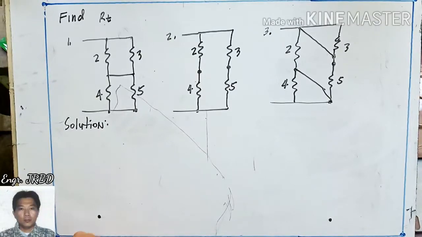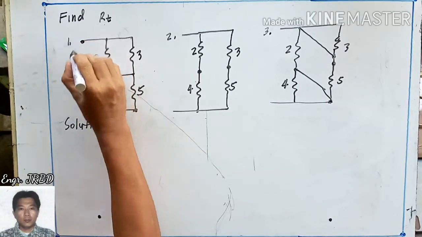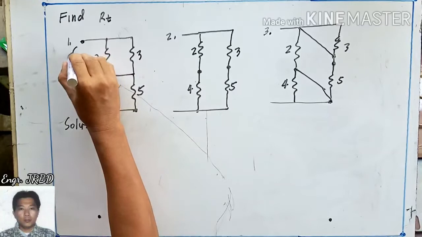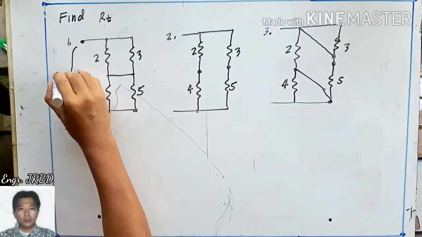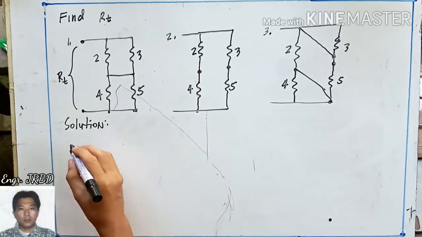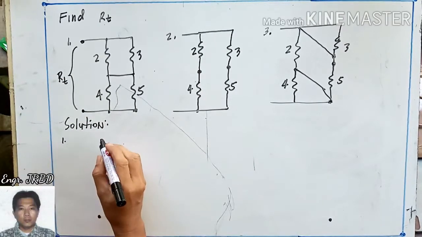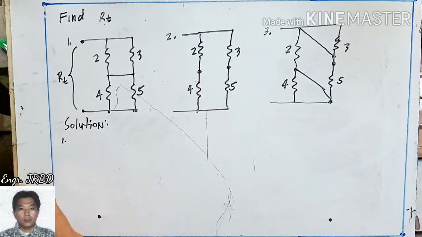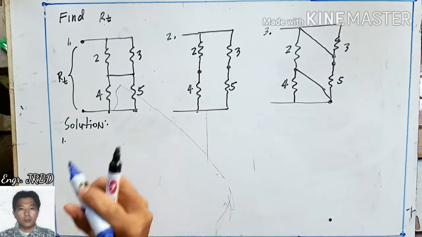If you are given a problem like this, all you have to do is simplify. How do you simplify? You try to reduce the connections. You compress the connections. In what part will you be compressing?